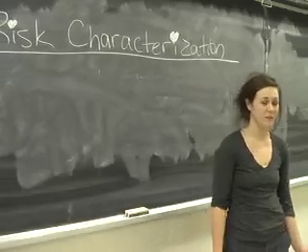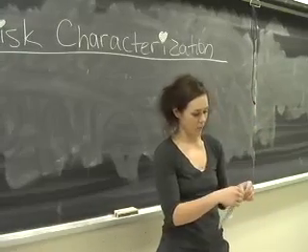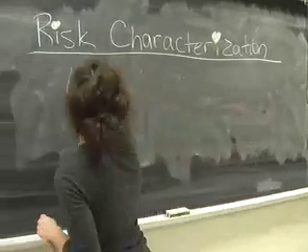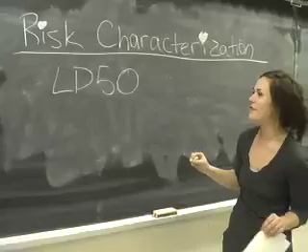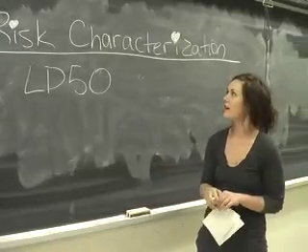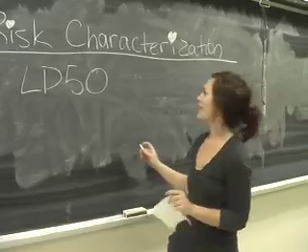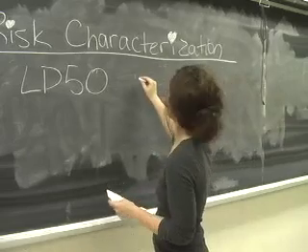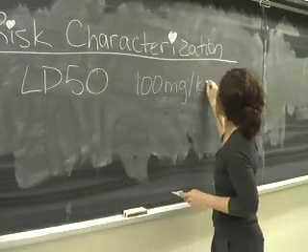Most of the data that we have on formaldehyde toxicity is derived from acute tests. We can get various things like the LD50, which stands for lethal dose 50, which is the dose of formaldehyde that would be administered to the subject and produce death in 50% of the subjects. For formaldehyde, that is 100 milligrams per kilogram in rats.